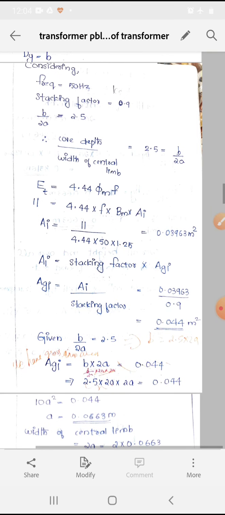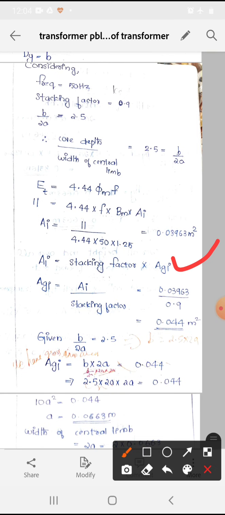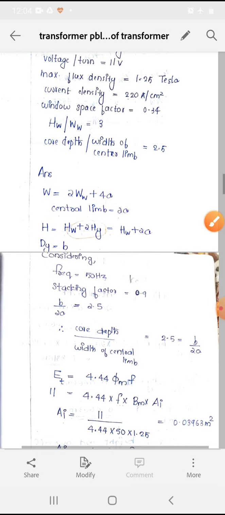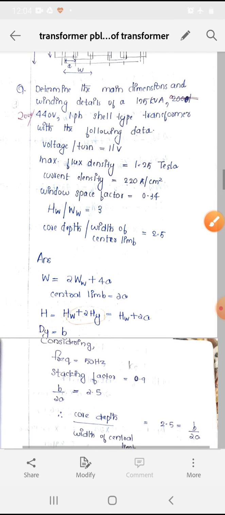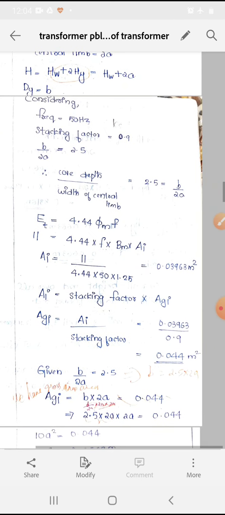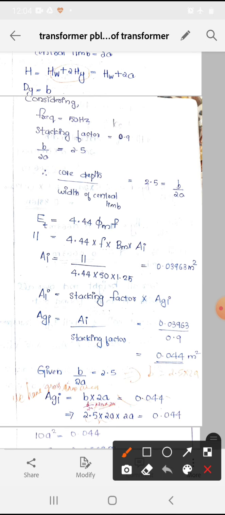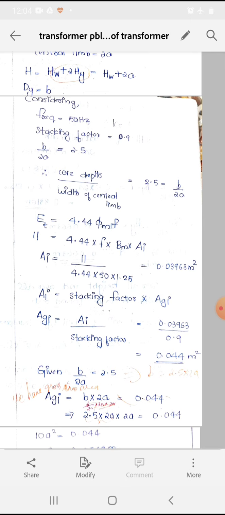And also we know that Ai is equal to stacking factor into Agi. We need to know this equation. Therefore, Agi is equal to Ai by stacking factor. So we got the value of Agi. And also in the question, it is given as b by 2A is equal to 2.5. So we have gross cross area Agi is equal to b into 2A.